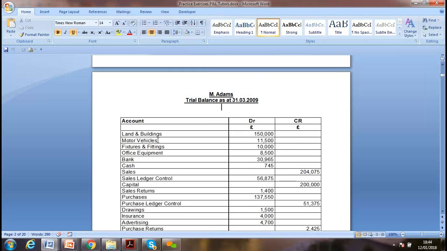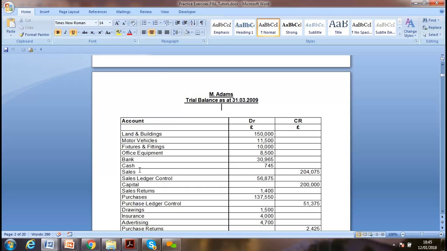So we write all the items like land, motor vehicle. Land is an asset, goes on the debit side. Motor vehicle is an asset, goes on the debit side. Fixture and fitting is our asset, goes on the debit side. Office equipment is our asset, debit side. Bank is our asset, debit side. Cash is our asset, debit side.